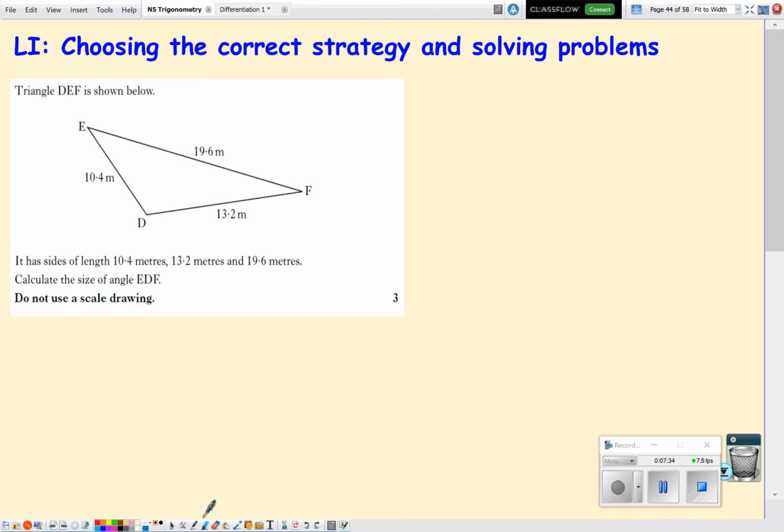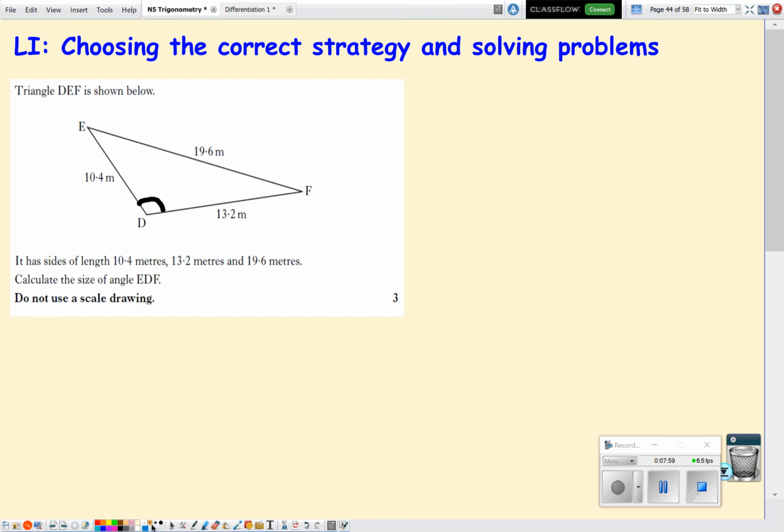Now, one of the first things I would usually do is mark that angle on there, because if you don't mark that angle on there, then you're going to run the risk of in a couple of minutes time having forgotten which angle you're after, and that's when you're going to start making mistakes. So try and work really methodically and really clearly to yourself.